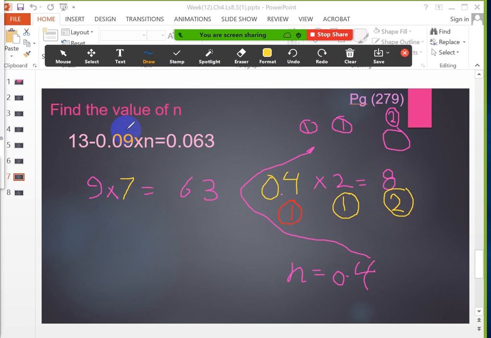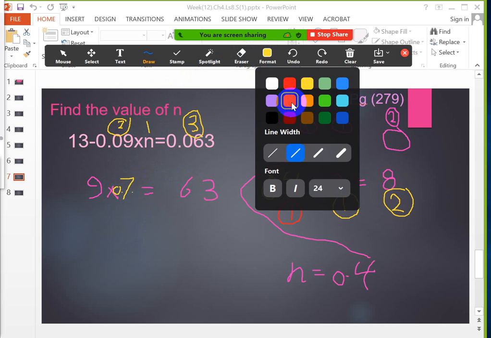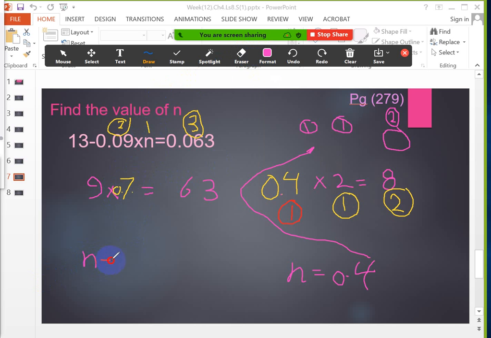I have 2 digits after the decimal point, and in the product, I have 3 digits. So to make the product have 3 digits after the decimal point, I have to put only 1 digit here. So the decimal point goes here, and the answer will be 0.7.